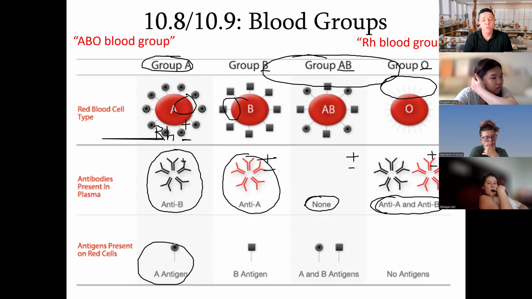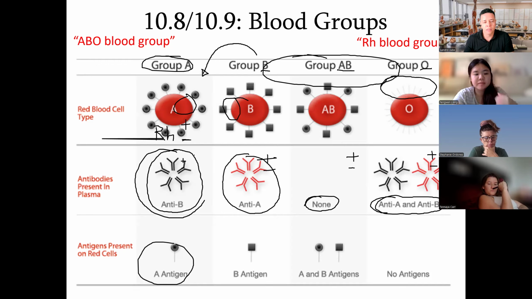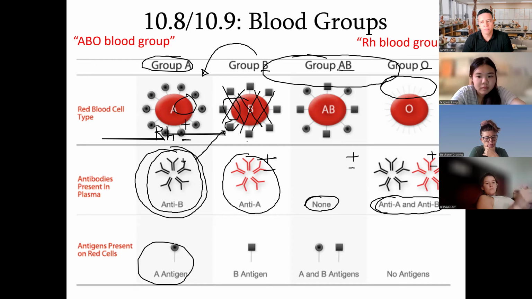This is why we need to be careful when having a transfusion. If I take blood from a blood type B and I give it to an individual that is a type A, the antibodies in that individual's blood are going to find the B antigen, bind to it, and literally chop up the cells into 1,000 little pieces and destroy them. Okay? And that is very dangerous.